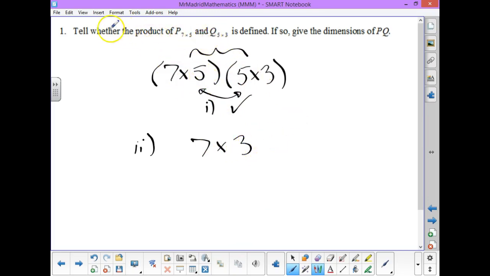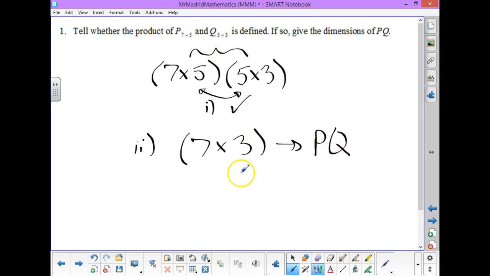So in review, is the product of P and Q defined? Yes, because you have matching dimensions on the inside. Because it is defined, give the dimensions, and these are the dimensions of PQ, the product of multiplying P and Q.